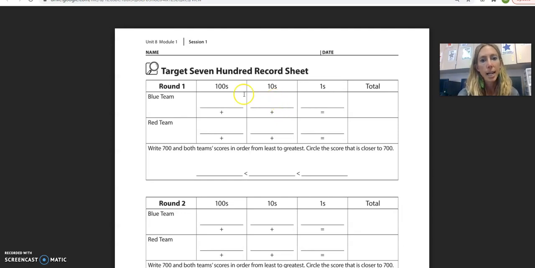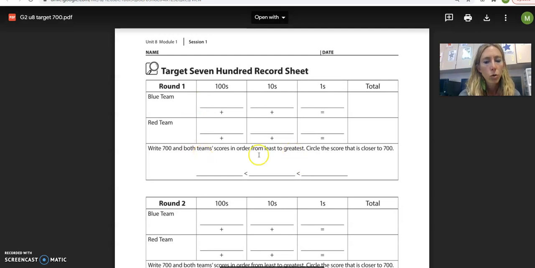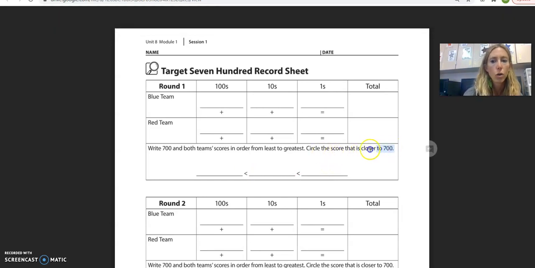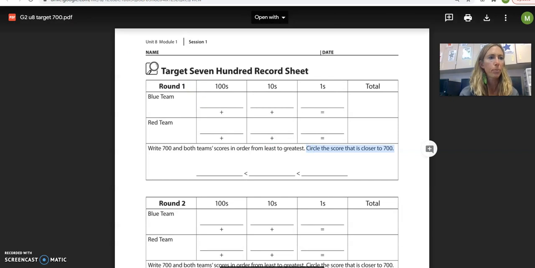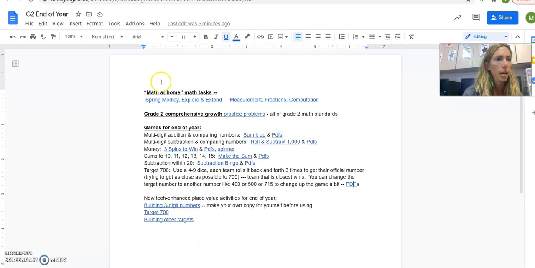Then I roll again, and I'm hoping I can get a number bigger than 5 to put in my 100s place. Then I put them in order: your score, my score, and the number 700 from least to greatest, and circle the score that's closest to 700. So that's a good one. That could be a daily thing, and then we could change the target to 400 or 500 or 715 instead of just a round hundred number.